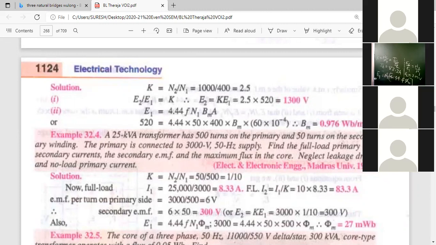From this you can calculate the flux. We should get the answer 27 milliwebers. We know E1, N1 and the frequency. Verify the answer.